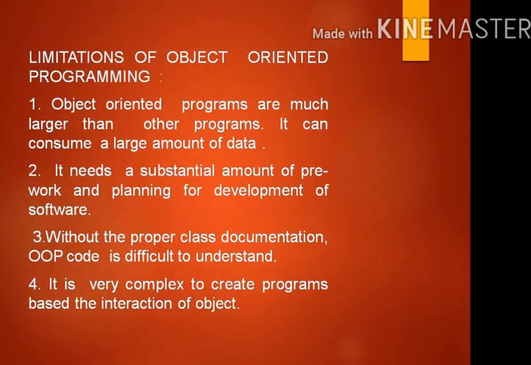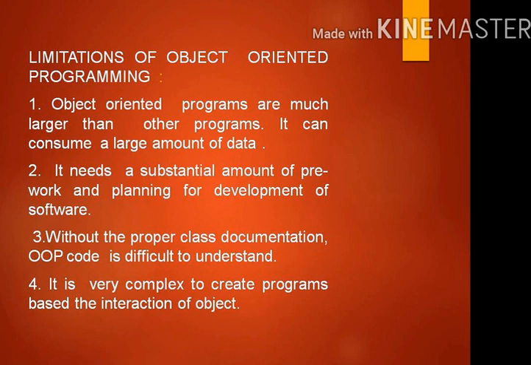The next slide is about limitations of object-oriented programming. The limitations of object-oriented programming are as follows. Number 1, object-oriented programs are much larger than other programs. It can consume a large amount of data.